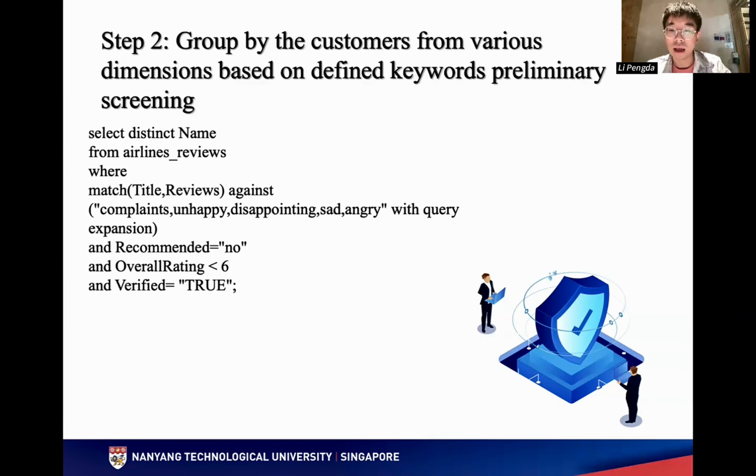And next step, we define several keywords that are related to complaint, including complaints, unhappy, disappointing, sad, angry. Once these words occur in the title or reviews under keywords matching against and query expansion, this customer will be considered as someone who is not satisfied with this airline service.